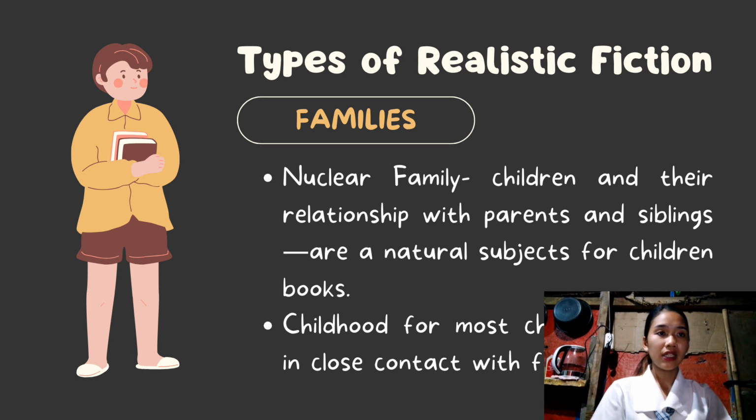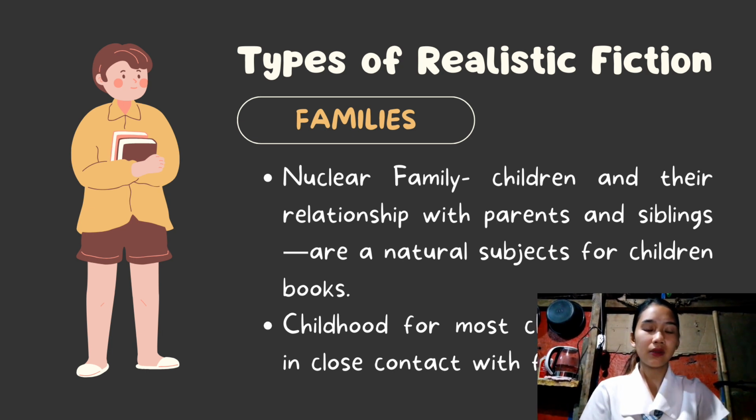And the other one is childhood, which for most children is spent in close contact with family members. Since children spend most of their time with family, these stories highlight how family shapes identity, teaches values, and navigates challenges.